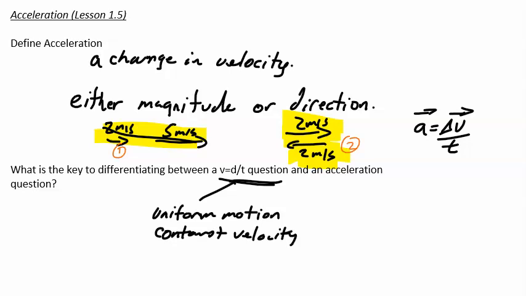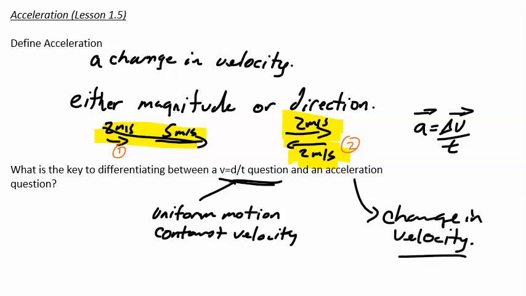If you have an acceleration, you're seeing a change in velocity. So you have to think about whether there is a change in velocity. That could be either the magnitude or the direction, but you need to have seen that change, which means the initial velocity is different than the final velocity.